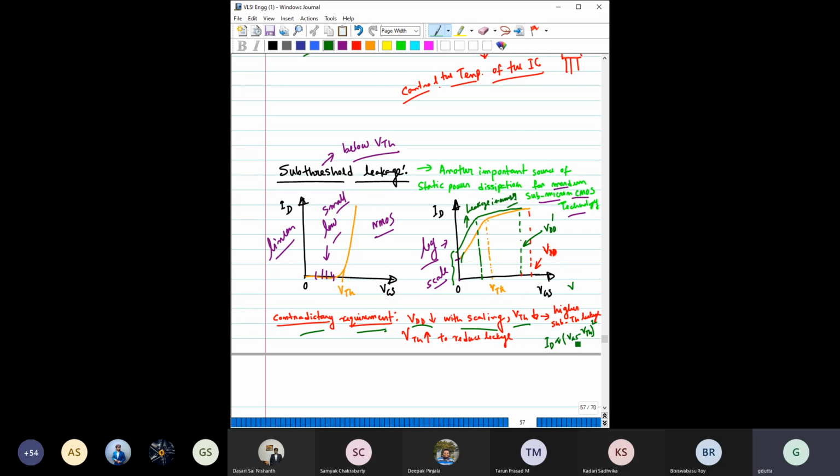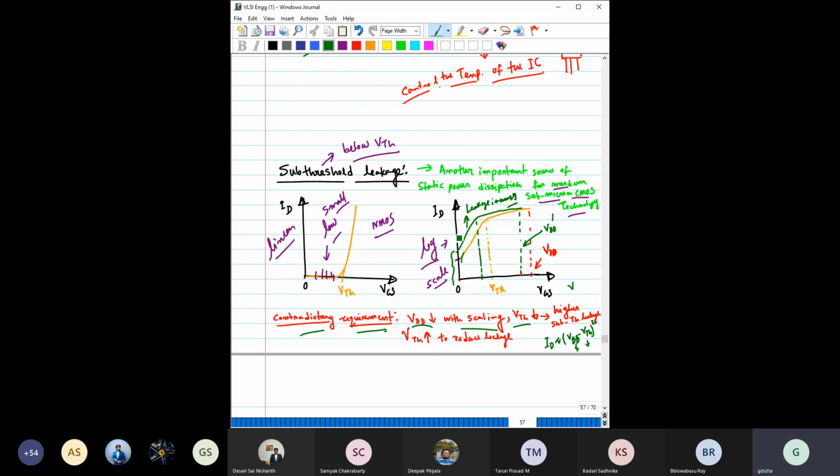VGS is VDD for maximum current. So let us write (VDD minus VTH) squared. If you are reducing VDD and you do not reduce VTH, then this current will also reduce. As a result, you have to reduce VTH. But when you reduce VTH, your subthreshold leakage current substantially increases, and your power dissipation will also increase dramatically.